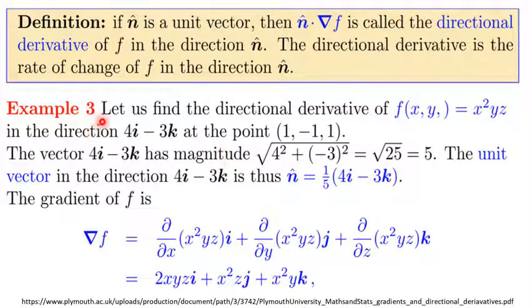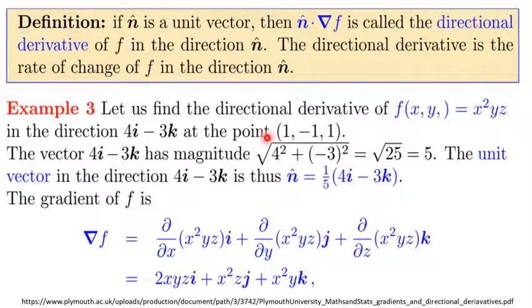Okay, so we are going to solve the next problem. Let us find out the directional derivative of f, where f is x square y z, in the direction 4i minus 3k at these points.